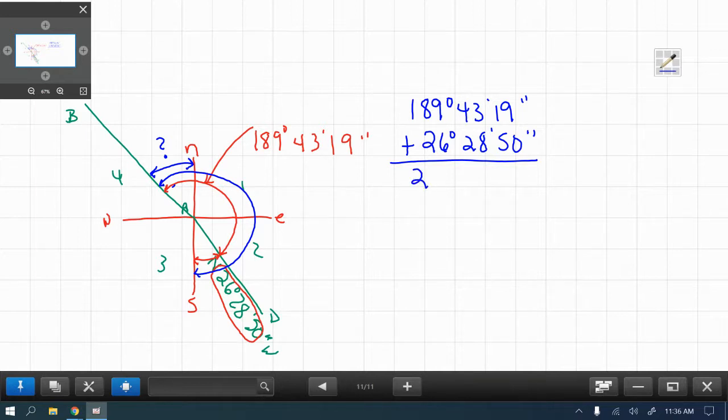So that gave me 216 degrees, 12 minutes, 9 seconds. Now, again, we're looking for a bearing, so you wouldn't just leave it like this because we want to know what the angle is from north to the line.